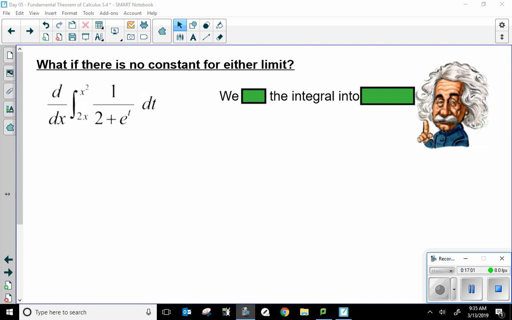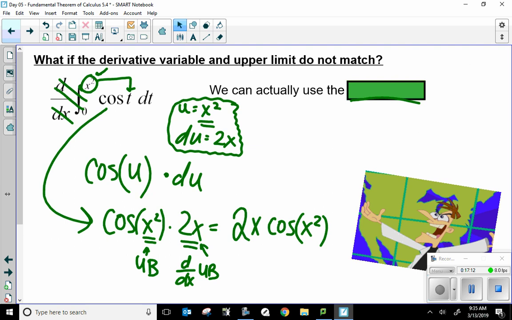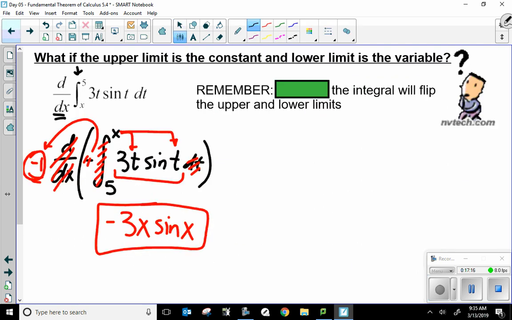What if there is no constant for either limit? Okay. I'm supposed to have a constant. A lot of these problems have zeros in the bottom. Okay, we made a 5 here. All right. Does it matter what that is, if it's a 0 or 5?